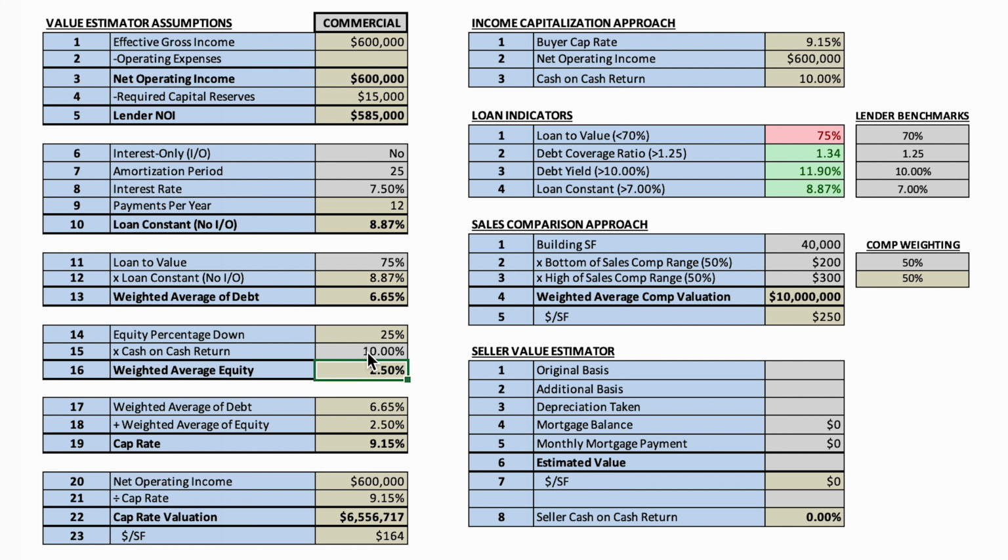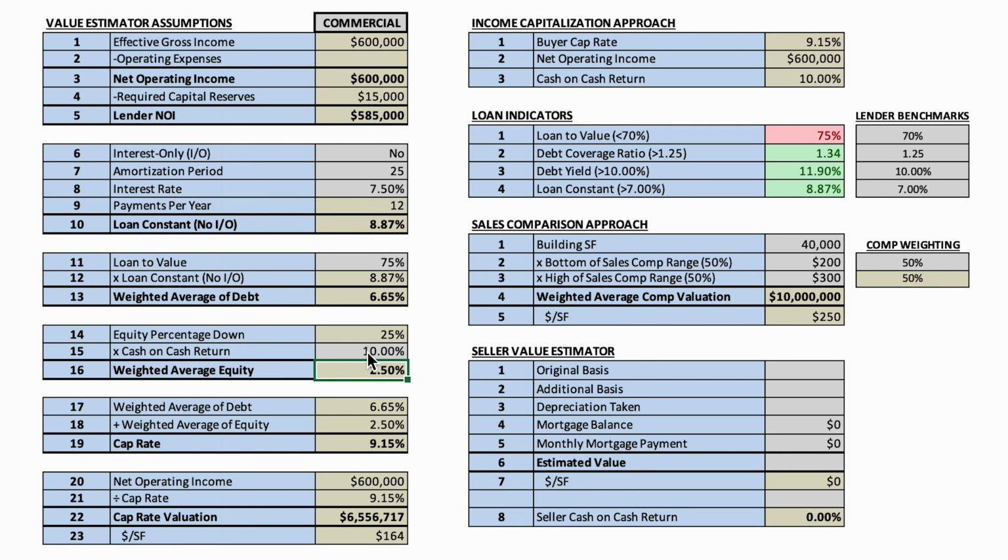So if you want to sell a deal, you've got to be very aware of what the market's doing, so we can get the bid-ask gap closed and get this income approach lining up with the sales approach.